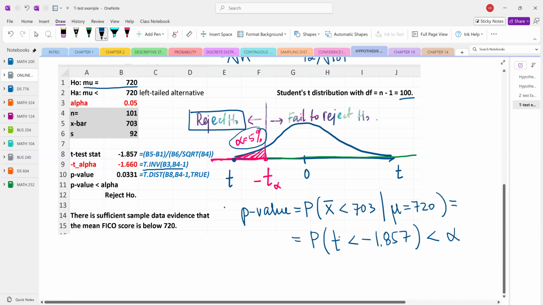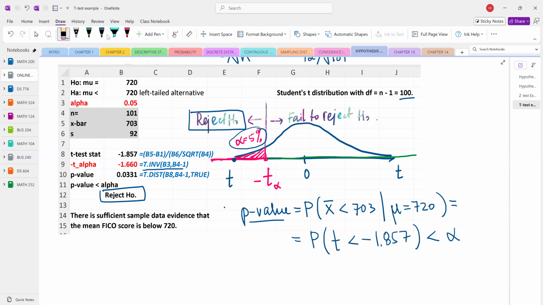And so for this reason, we reject the null hypothesis, because since our sample data is unlikely under H0, and H0 was only our assumption, we would rather reject the assumption than disregard the data that we actually observed. So that was our decision here, once again, to reject the null hypothesis.